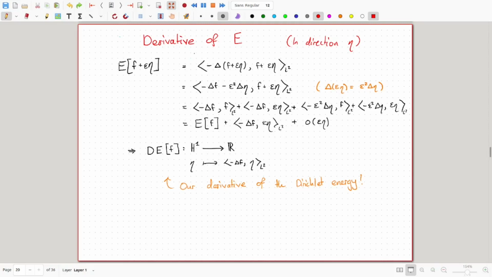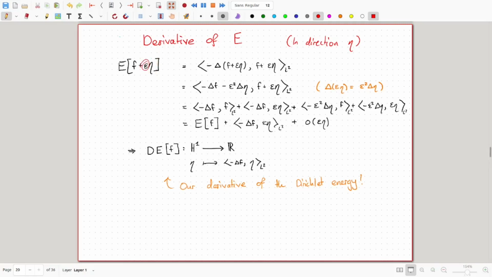Okay, so how do we do that? To find the derivative of our energy in some direction eta, we consider some function at some point f, and then we take some small direction. Direction here is like another function, and we add a small amount of our function eta.